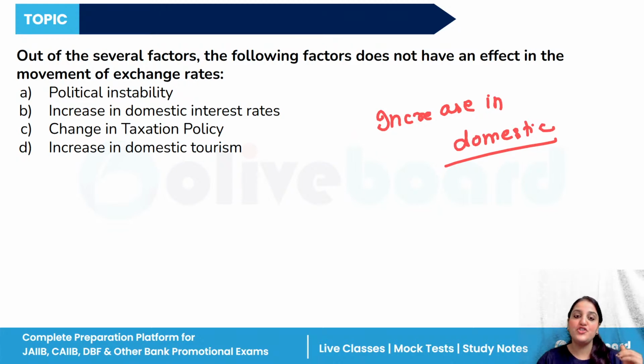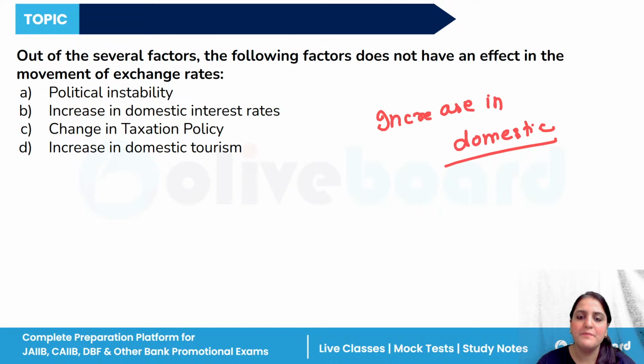Changes in taxation policy can influence economic growth and investor sentiment, potentially affecting currency values. And while tourism can boost a country's economy, it does not directly impact exchange rates as significantly as the other factors.